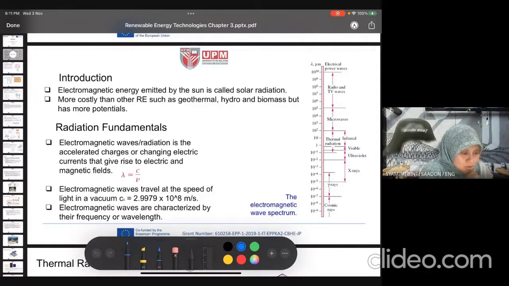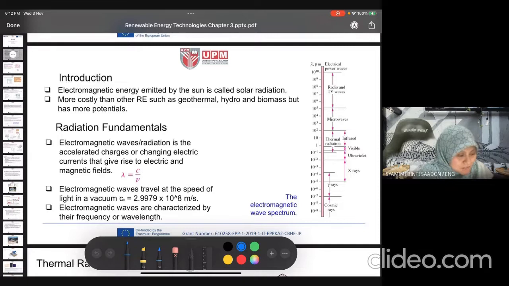Solar energy is said to be a bit more costly compared to geothermal, hydro, and biomass, but it has lots of potential. Especially in Malaysia, at the equator, we receive a lot more solar radiation compared to the northern or southern hemisphere.